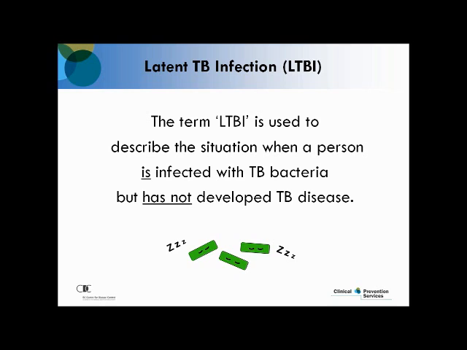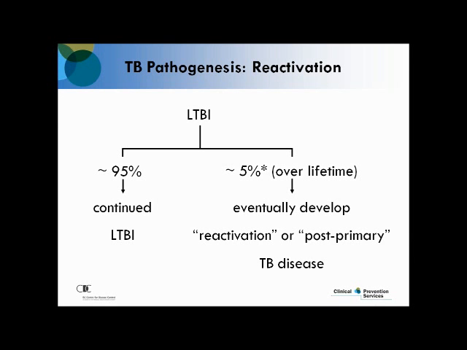The cells form a shell that acts as a fence that keeps the bacilli contained and inactive. People with latent TBI are not infectious and do not have any signs or symptoms. Some people with latent TBI can develop active disease. This can happen very soon after infection or years later. The risk of developing TB disease is highest within the first 2 years.